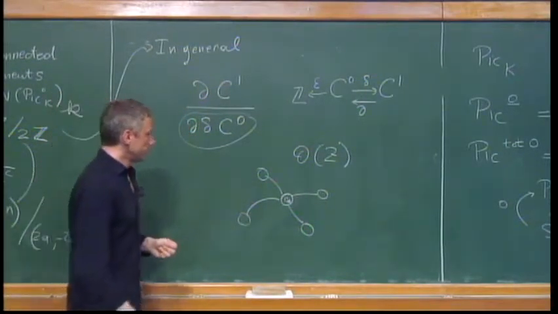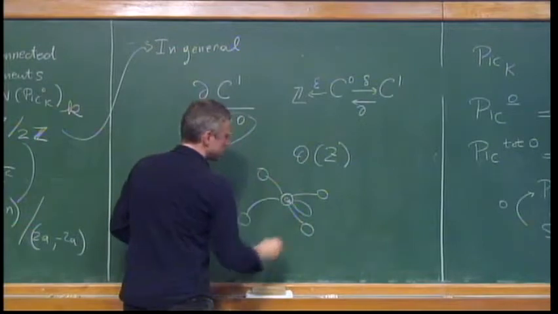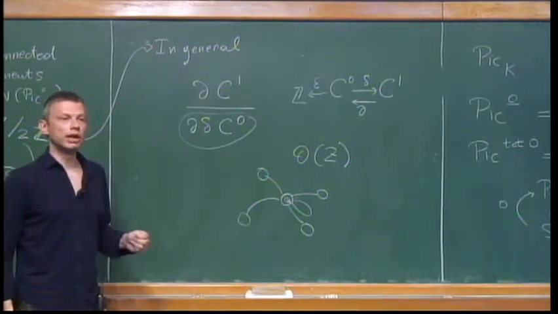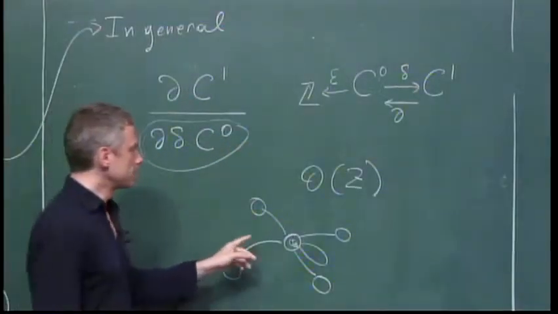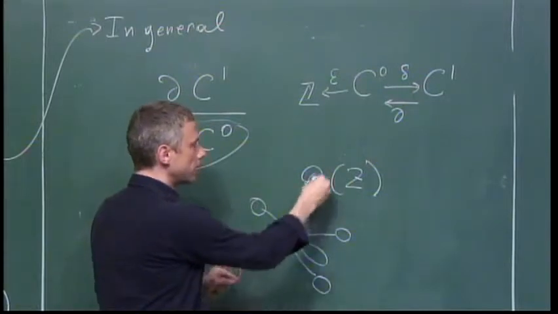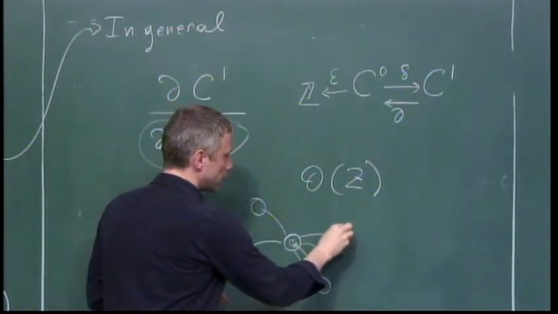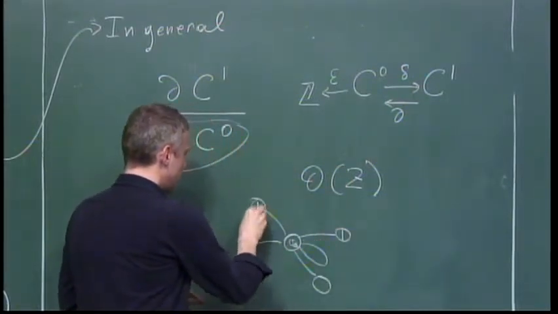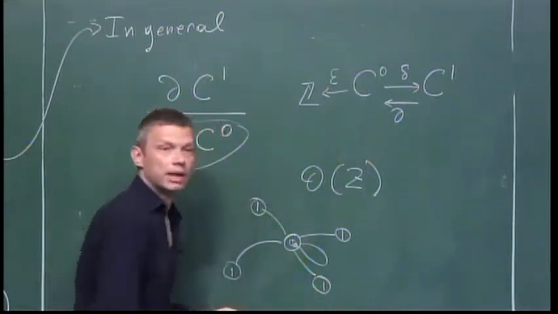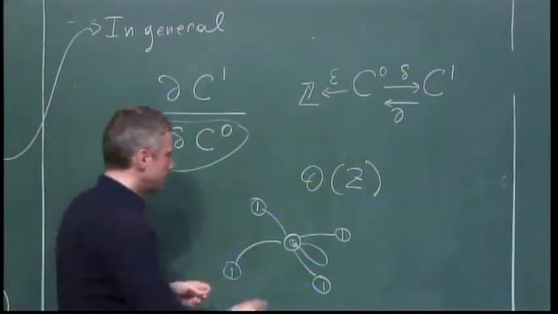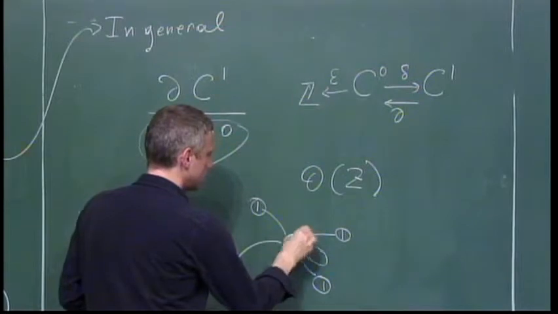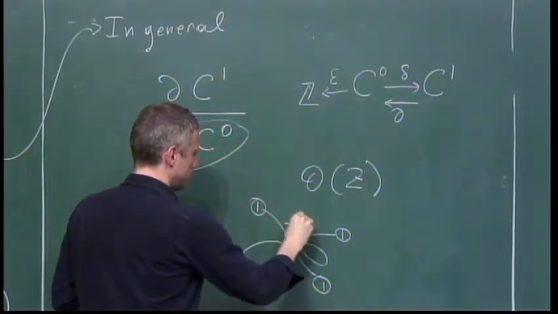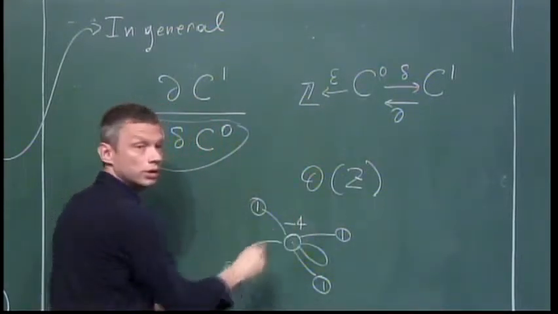And maybe there are other components like this, but let me ignore them for a while. What happens is that twisting by O_Z means giving a degree 1 to all the nearby components and subtracting the number of them, here 4, from the degree here.